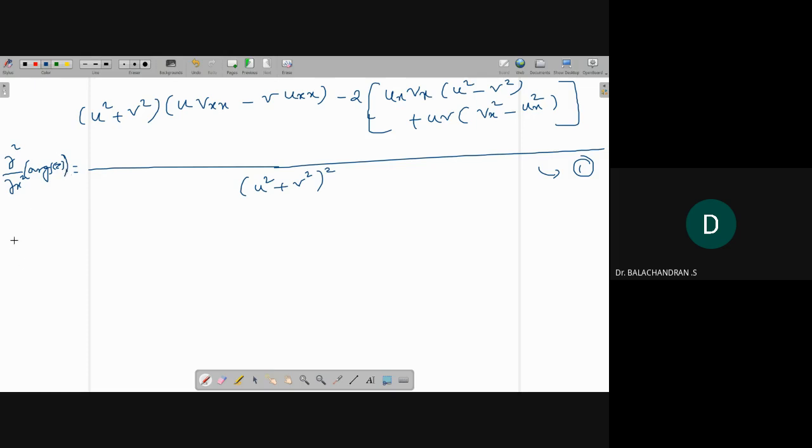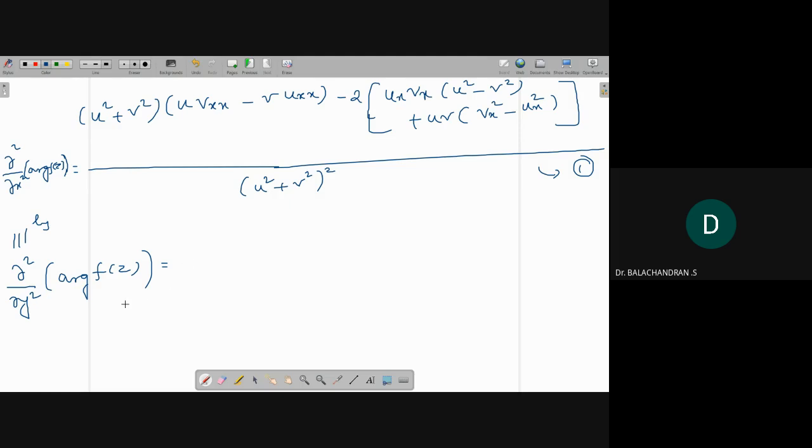So similarly, dou square by dou y square of argument of f of z, which is equal to, replace x by y.